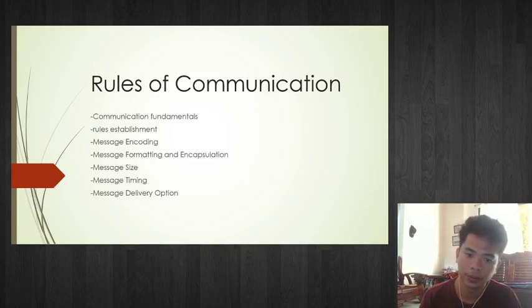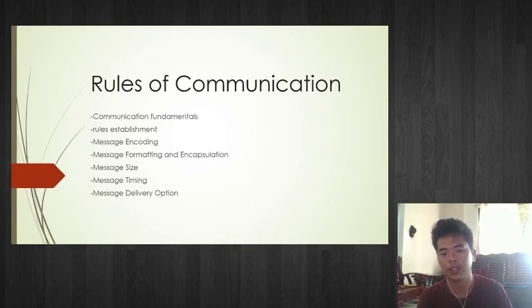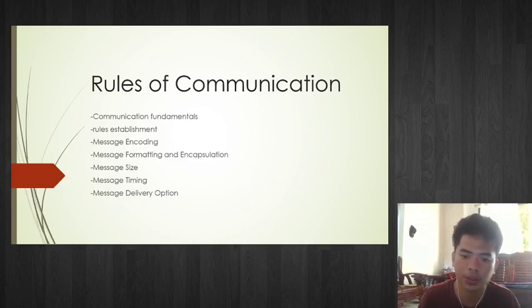First, an identified sender and receiver. Second, a common language and grammar. Third, the speed and timing of delivery. And fourth, confirmation or acknowledgement requirements. That is all for the establishment.